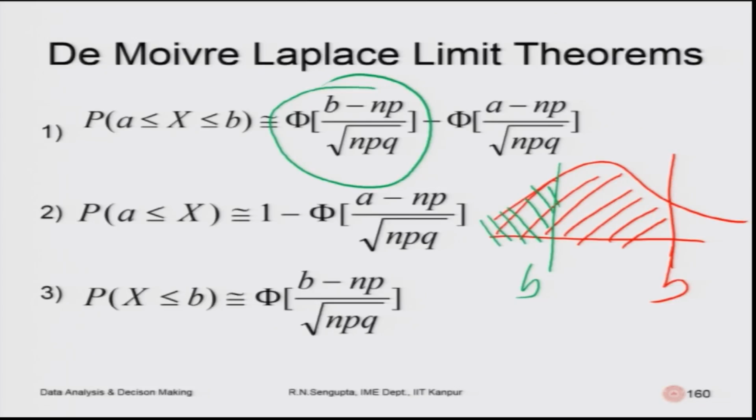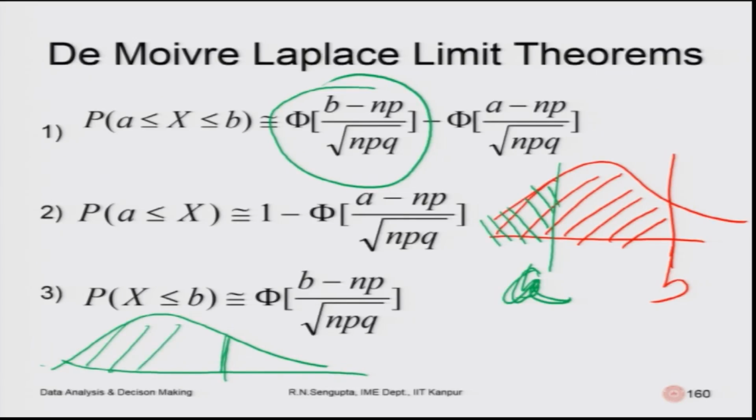If a tends to minus infinity, you add up all the values from minus infinity to b. So, this is capital Phi as written.